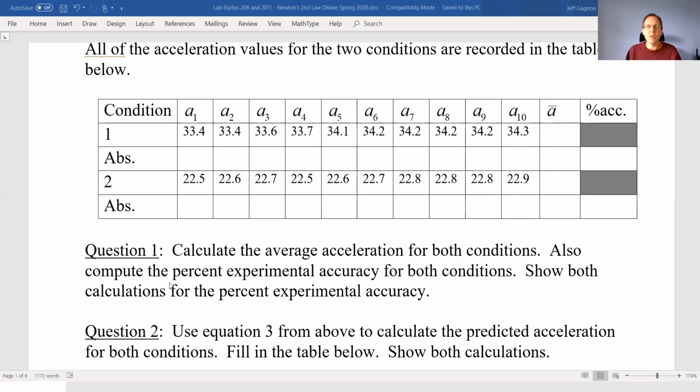Then you're asked to compute the percent experimental accuracy, right? Remember how to do that? You have to first find all of the absolute deviations. So this second row here is so that you can plug in your absolute deviations. And then you average those, again, rounding to 1 decimal place.